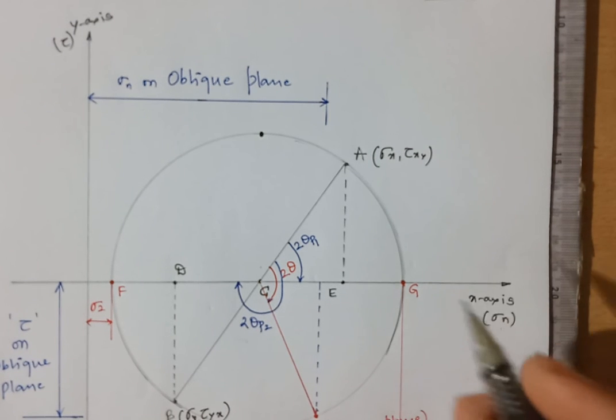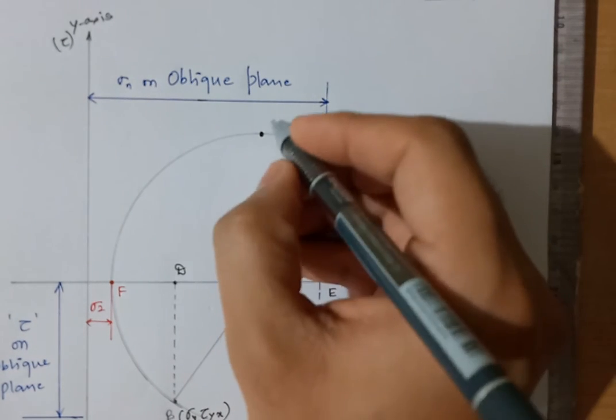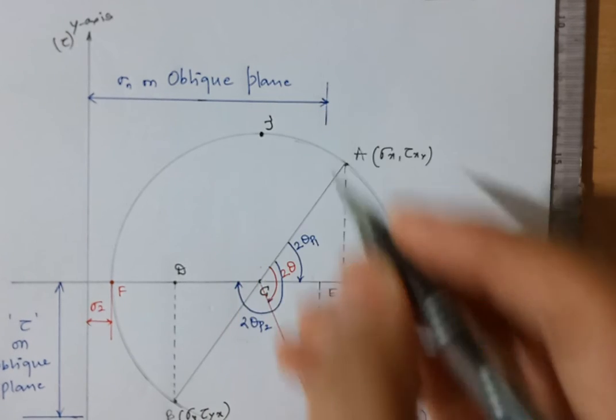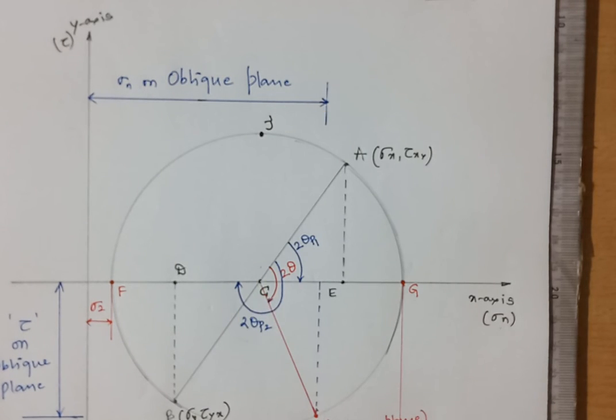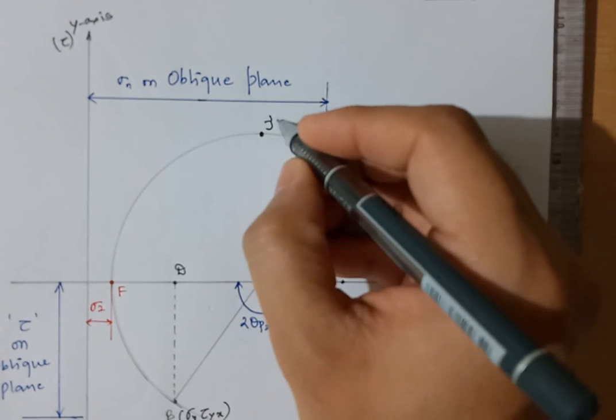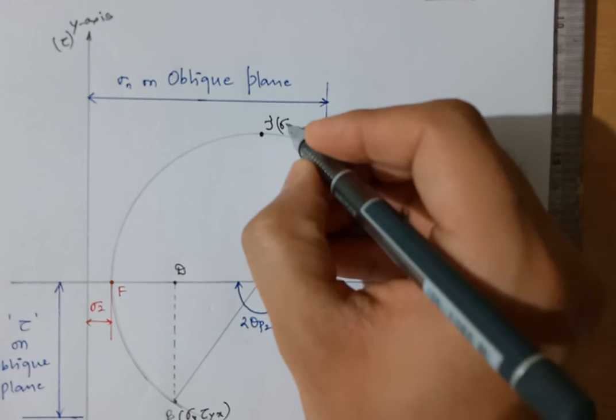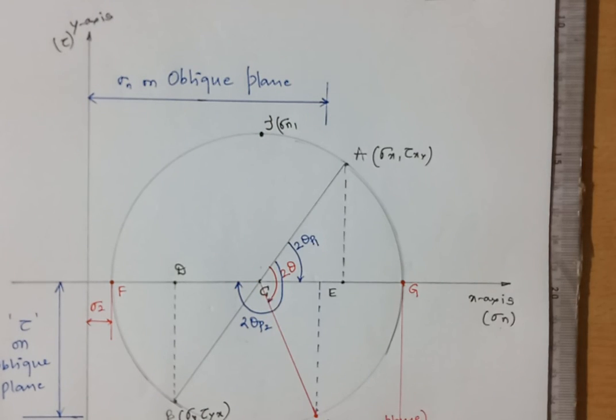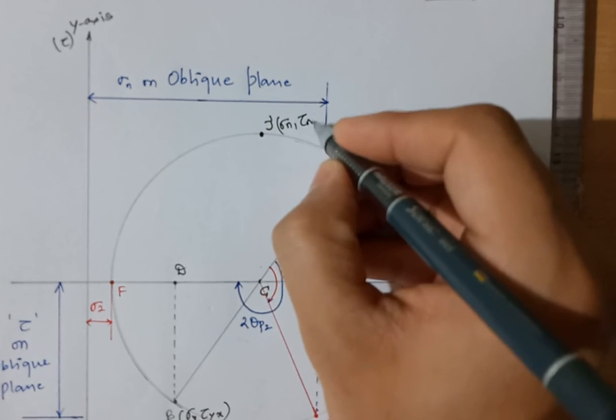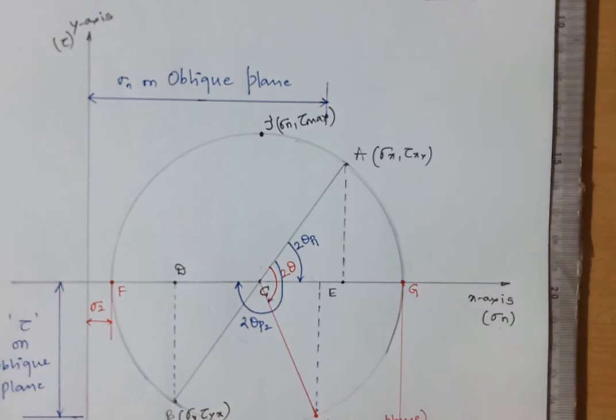I'll call it plane number J. On plane number J, you have two things: sigma n comma tau max.